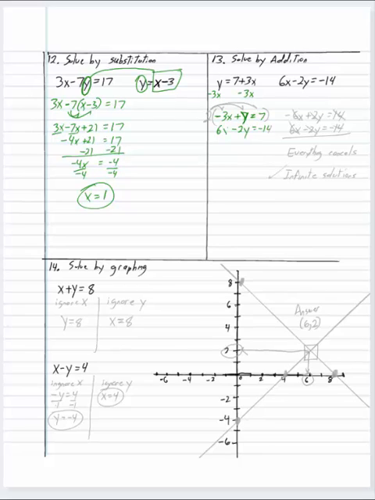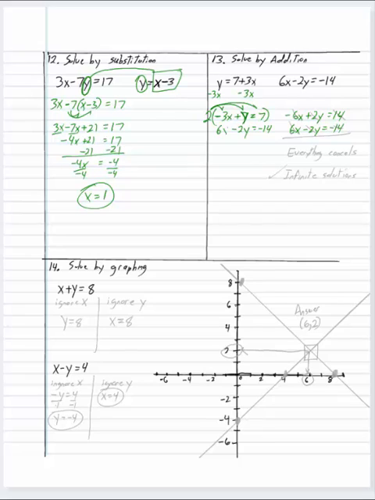Okay. What I'm going to do is I'm going to multiply the top equation by 2. So that way we get negative 6x on top. That will cancel a positive 6x on the bottom. So we get negative 6x plus 2y equals 14, and the bottom stays the same.